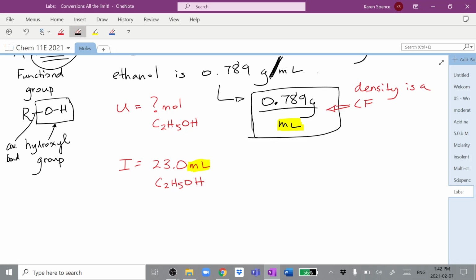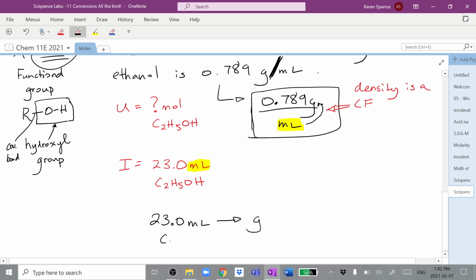Density will allow me to convert between milliliters and grams. So I'm going to be able to take my 23.0 milliliters and convert that into grams of ethanol, C2H5OH.